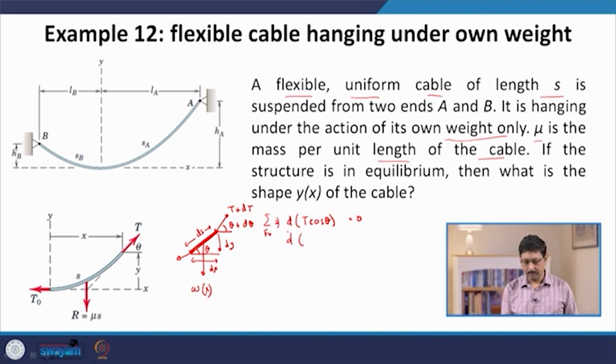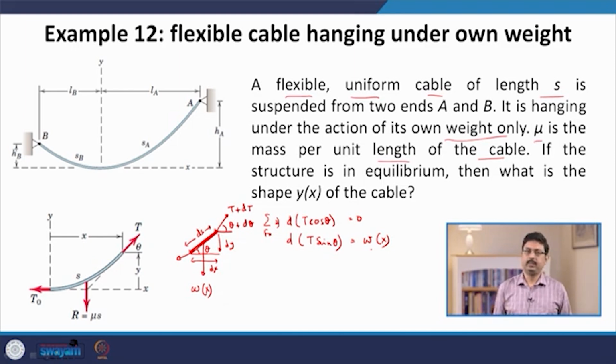And from the vertical force balance we got that the change in the tension in the vertical direction was balanced by this external force. Now, in general, this W can be different at different points of the rope.